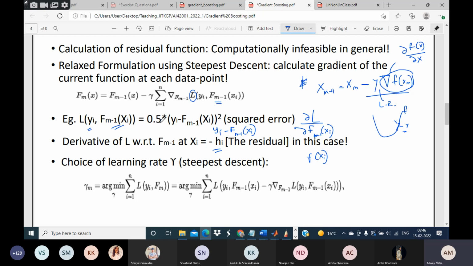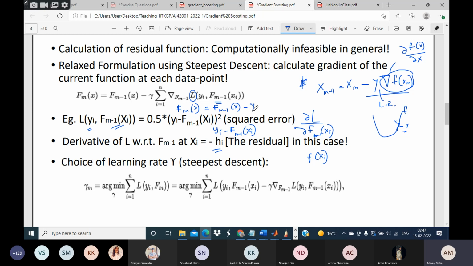So if this is the particular loss function which you should be using, then this update stage becomes f_m(x) is equal to f_{m-1}(x). So what is the gradient?